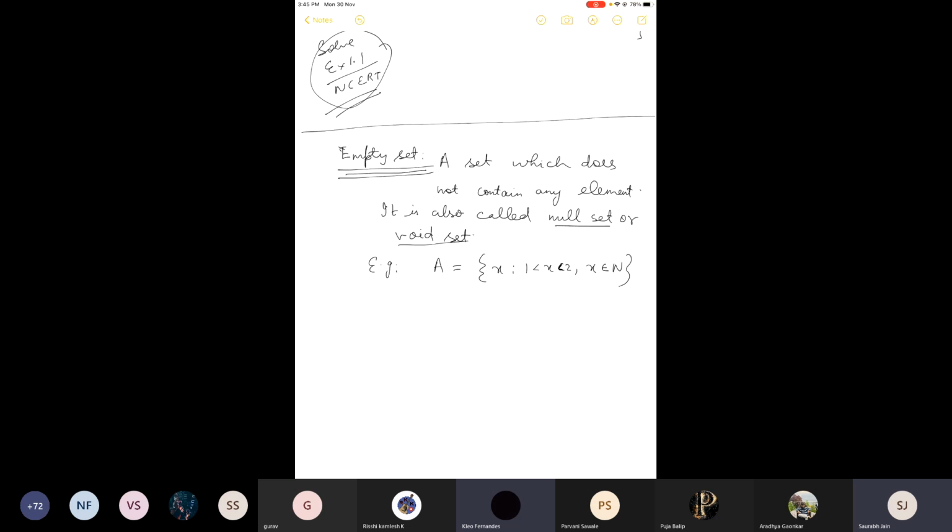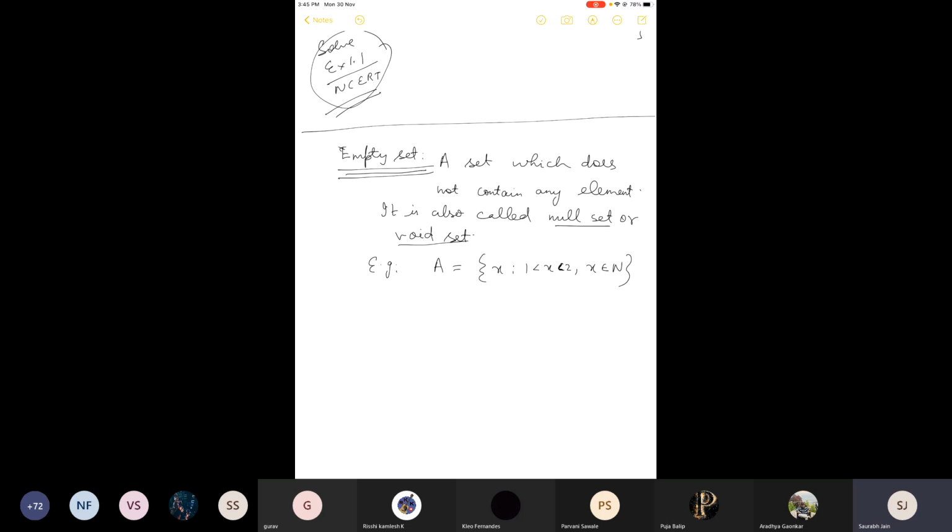Yes, this is a correct explanation, or you can simply say that there exists no natural number between 1 and 2. Because if x is greater than 1 and less than 2, then it will have a decimal part like 1.1, 1.7, and then we cannot say that it is a natural number. And after the comma, they are writing x belongs to capital N. So this is not possible. That is why it is a case of empty set.